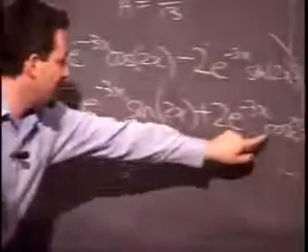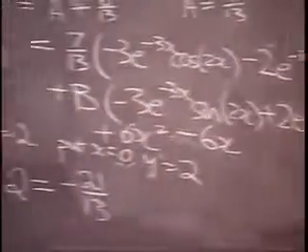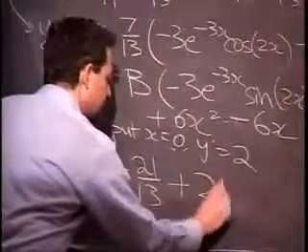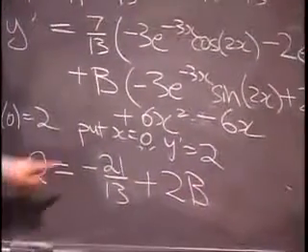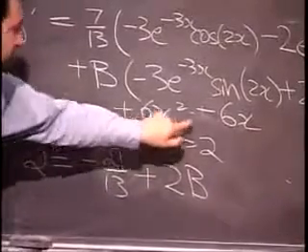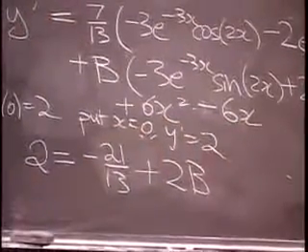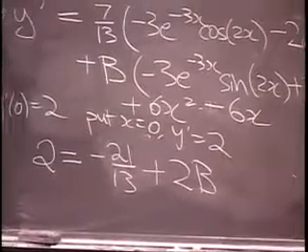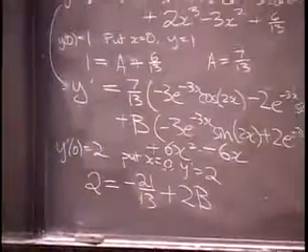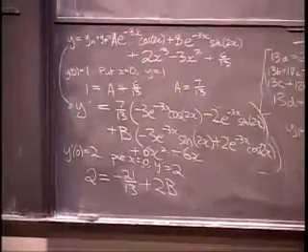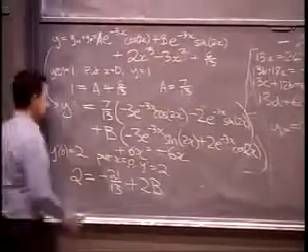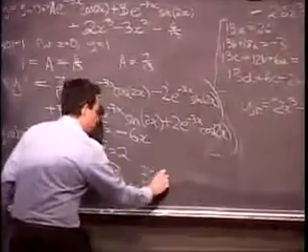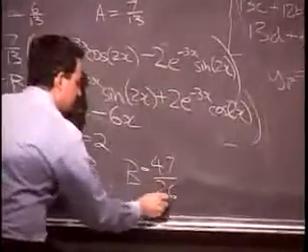And this is a 1, so you're going to get plus 2b. And actually, x equals 0, so both those terms happen to go away. And that's the complete equation here. 2 is 26/13, so what is this, 47/13? So b is 47/26, unless I made a mistake.